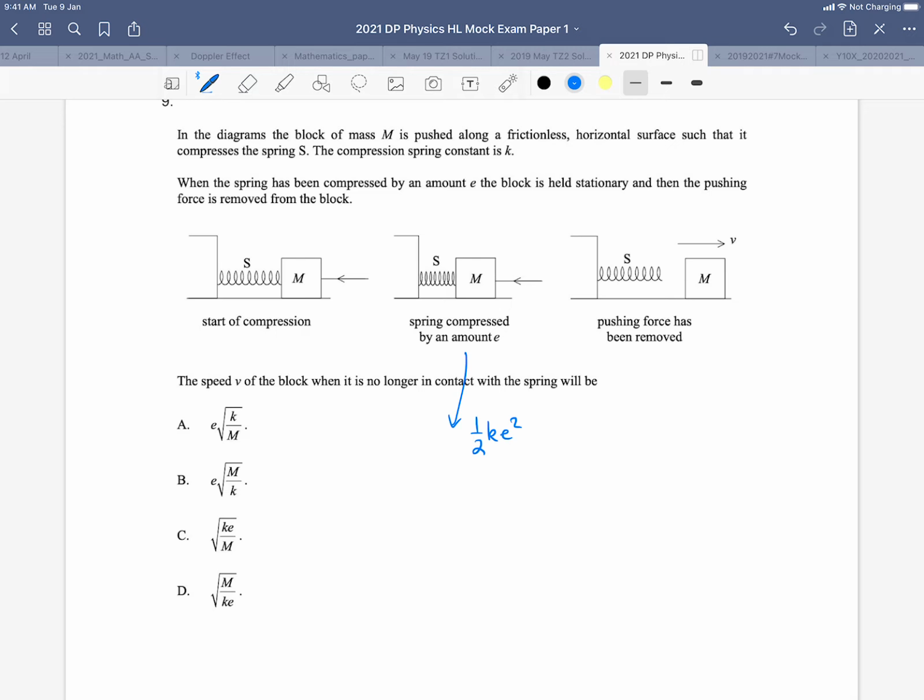So we just have energy conversion. All that stored elastic potential energy is going to be converted into the kinetic energy of the big mass. So basically v is going to be the square root of this, and then the square root of e squared is e, and we get A.